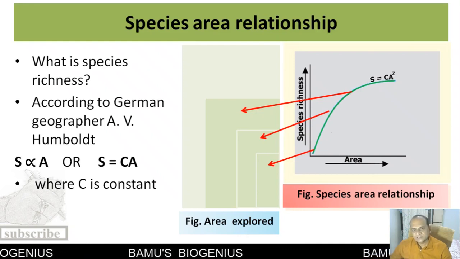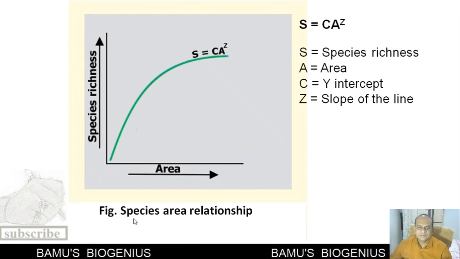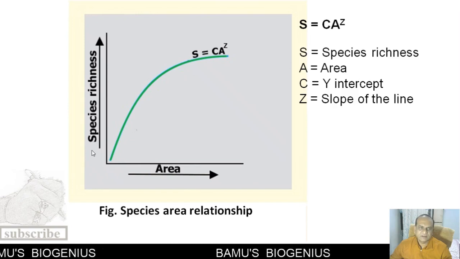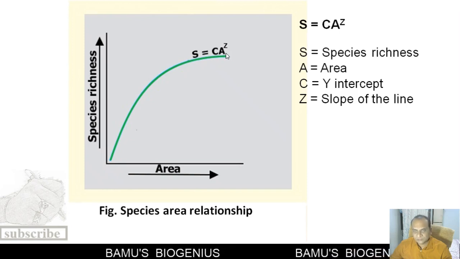Now let us see in detail. Now you can see here, this is the species area relationship graph. On the x-axis area is there, and on the y-axis species richness is there. The number of species is directly proportional to the area explored.